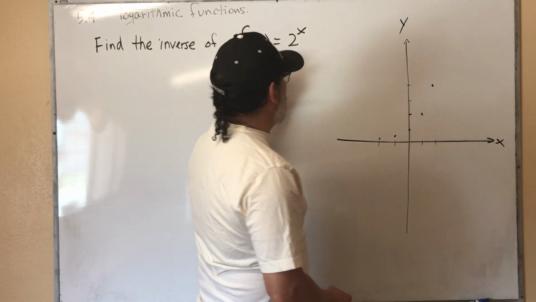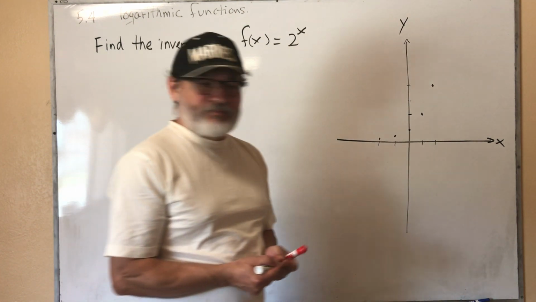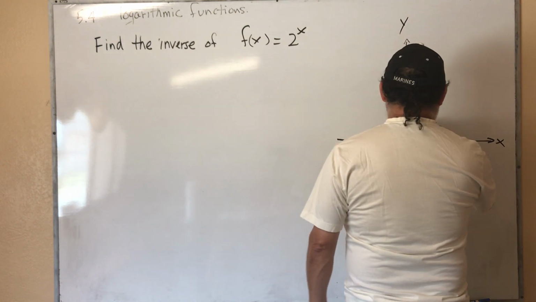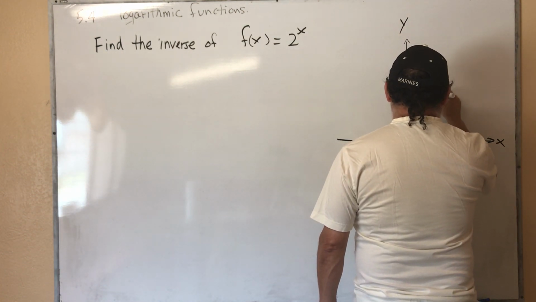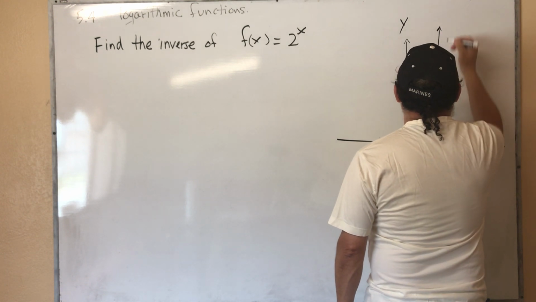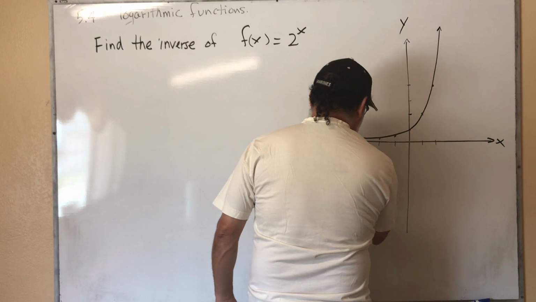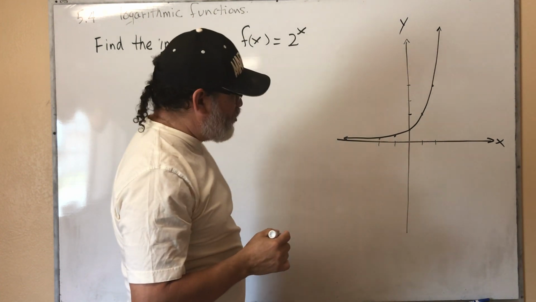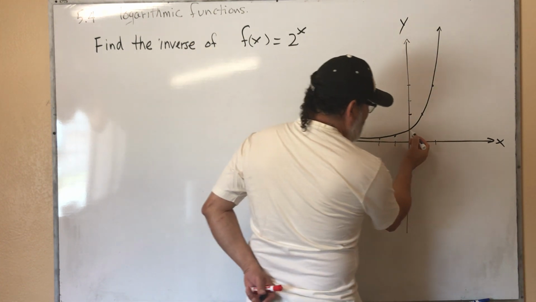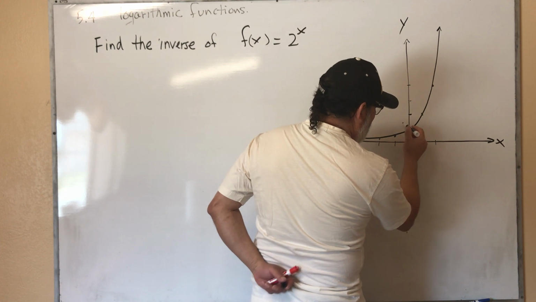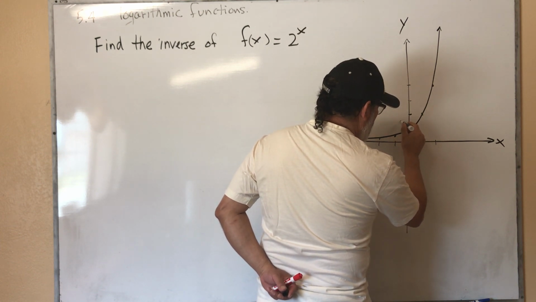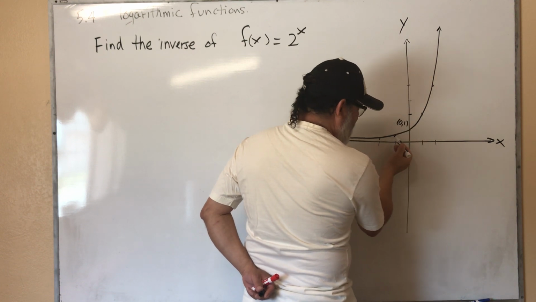So this is f of x equals 2 to the x. And here's the graph. That's the graph. Don't forget, you see this point? This point is 0, 1. See this point?